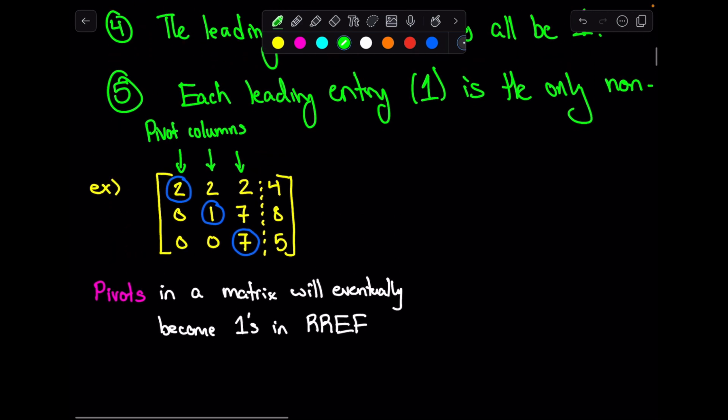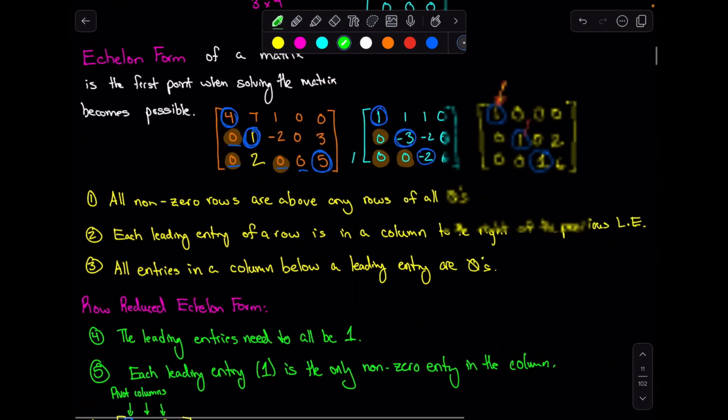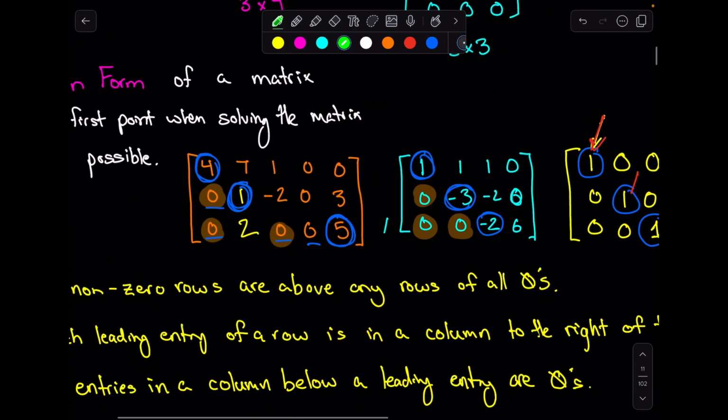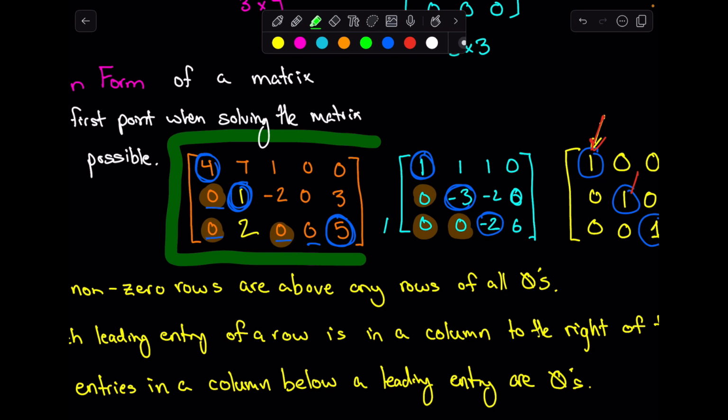Fantastic. And so maybe just to go back to one of the ones up here really quick. If we take a look at this matrix right here, these leading entries that I have circled are the pivots. That's a pivot, that's a pivot, that's a pivot, provided I actually have this in echelon form. There we go.